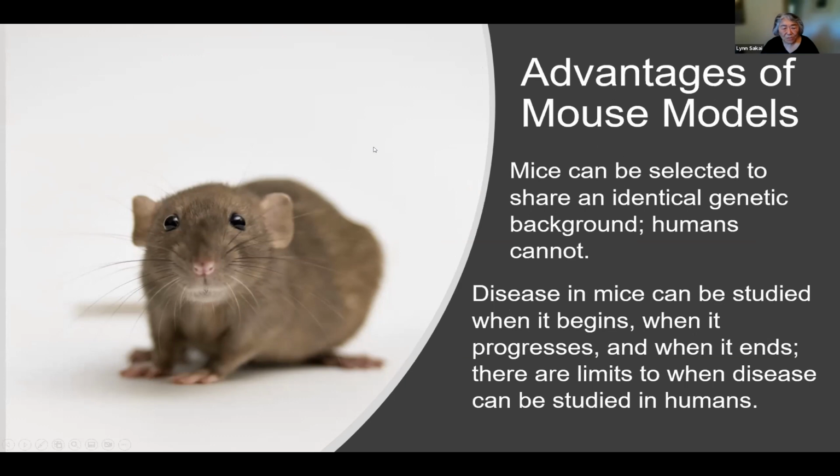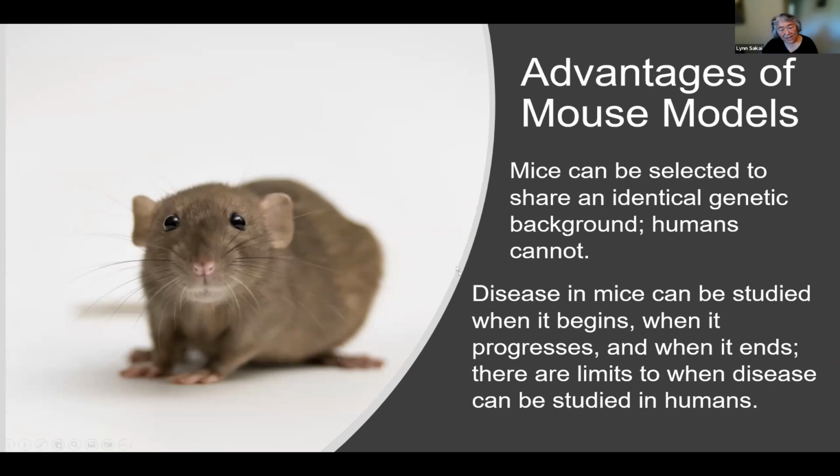So there are two major advantages to using a mouse model. We can select mice that have an identical genetic background. So what this means is that people breeding mice for more than 50 years have bred strains of mice that are essentially genetically identical. We can't use humans that have this identical genetic background.